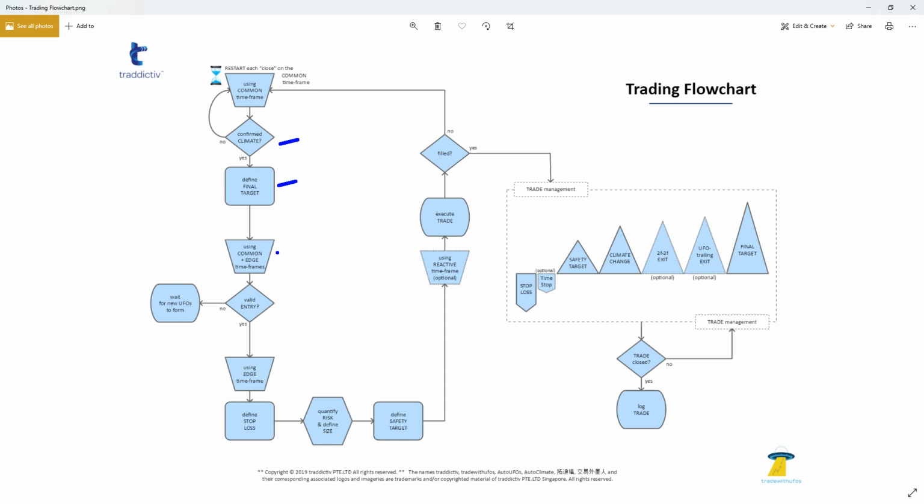So then we continue, and now we're going to combine the common time frame with the edge time frame to look for an entry, to see if we have a valid entry, yes or no. The way we define a valid entry is an entry where a UFO found on the edge time frame would be enveloping the EMA found in the common time frame, which in this case is 240 and 21.